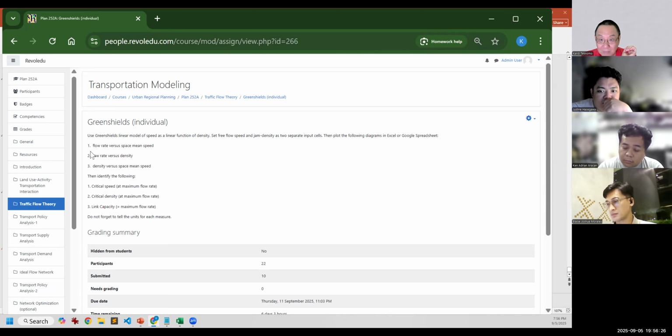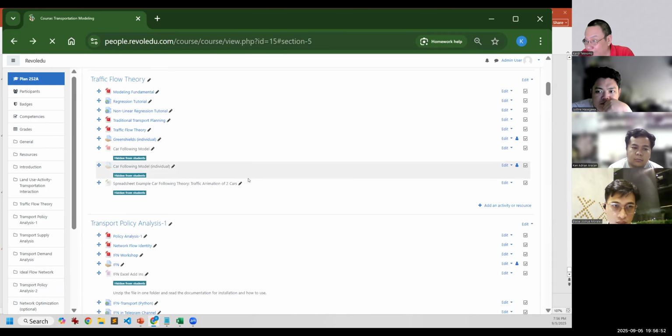So do this: get the flow rate versus space mean speed, flow rate versus density, density versus space mean speed, and then you identify the critical speed, critical density, and from there you get the link capacity. Is that okay? So that is for until next week.